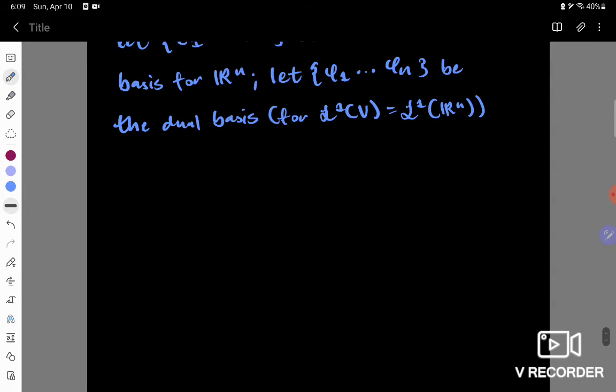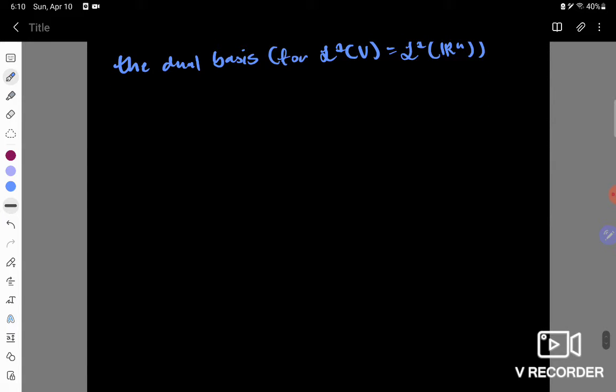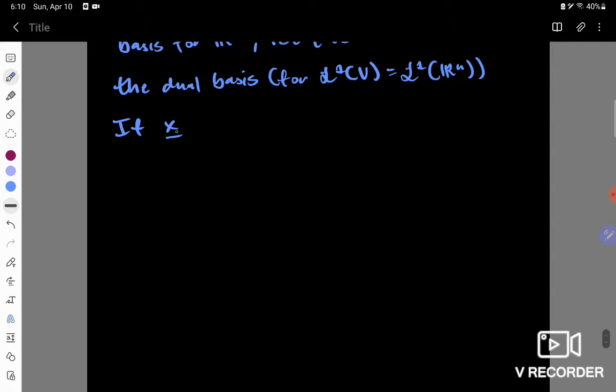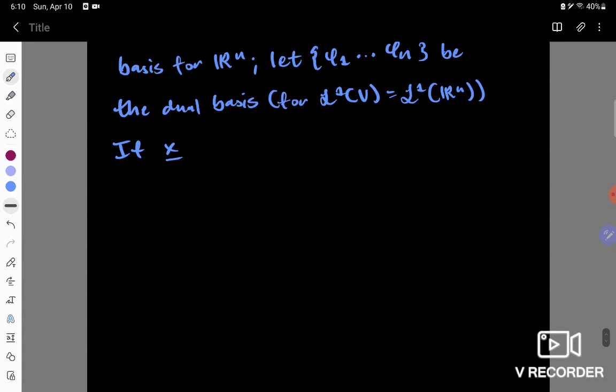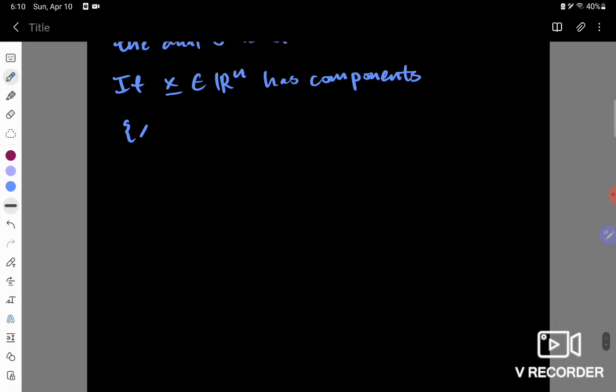If x is a vector in R^n, and I sometimes use this notation where I denote vectors as having a line underneath. Sometimes you'll see the arrow above, but for some reason I've adopted this convention. So if x is a vector in R^n, it has components, let's say x_1 through x_n.